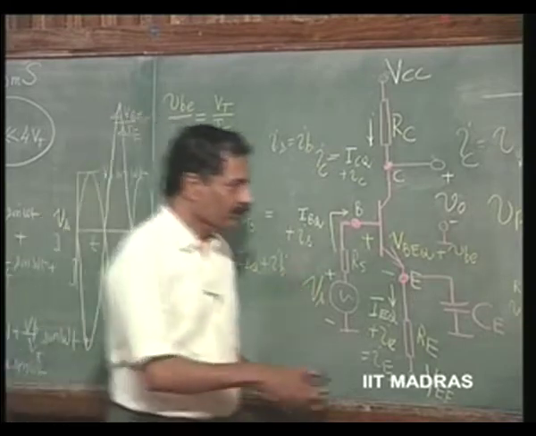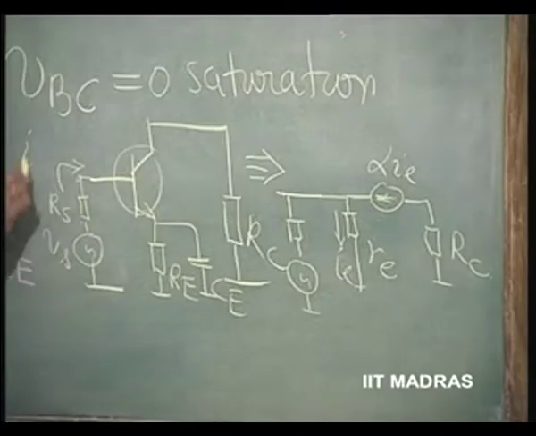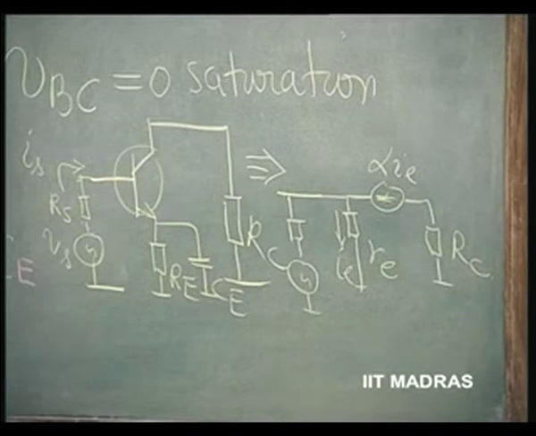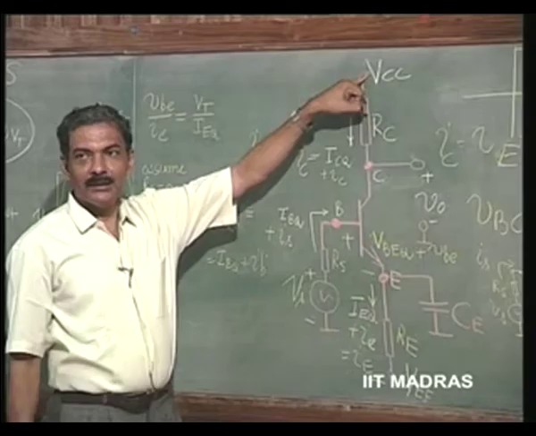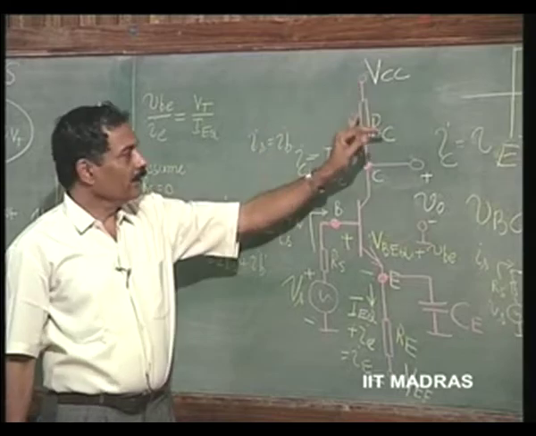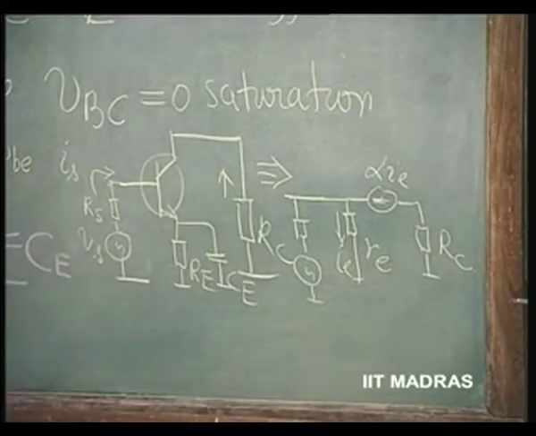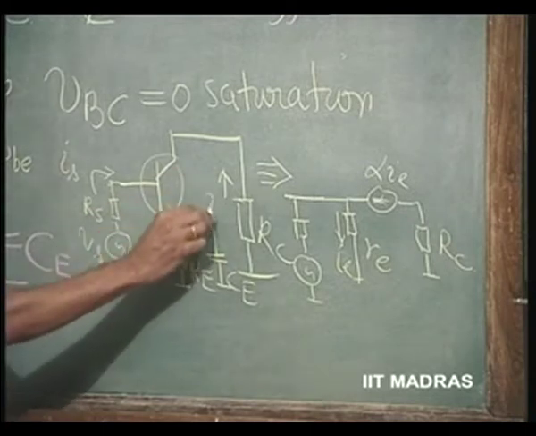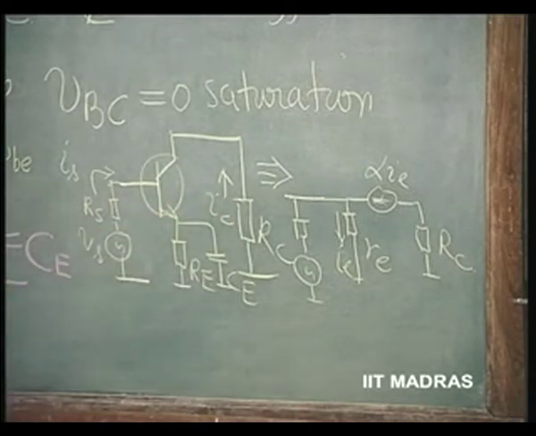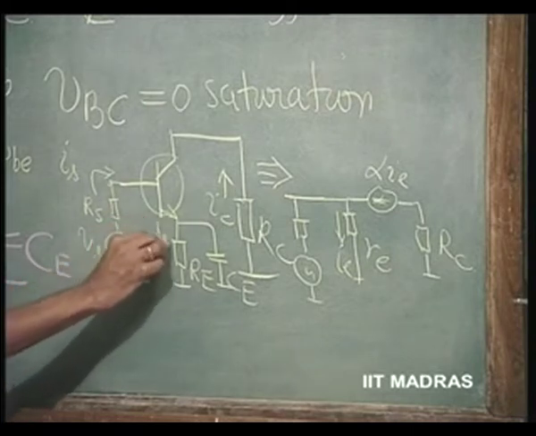Now, VCC is grounded, and instead of ICQ plus IC flowing through this, only IC will flow.